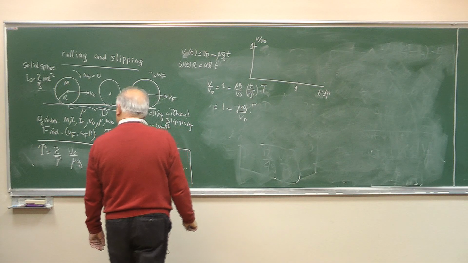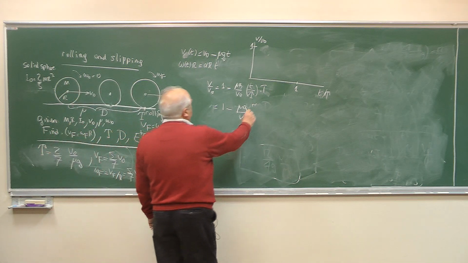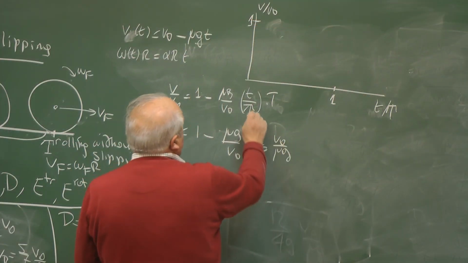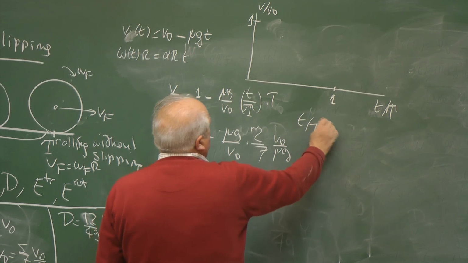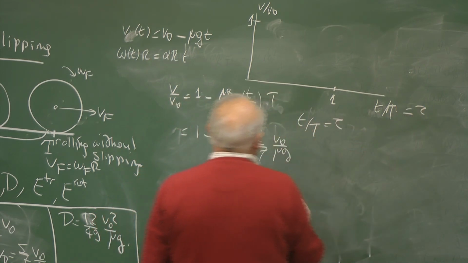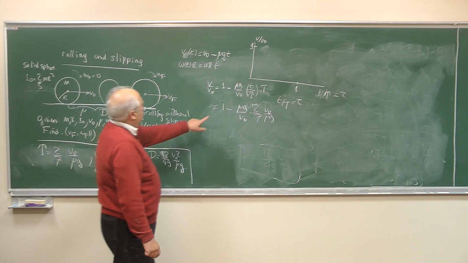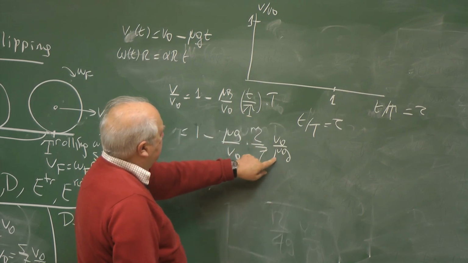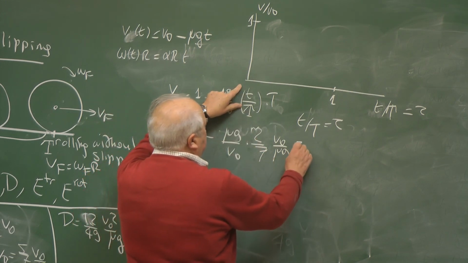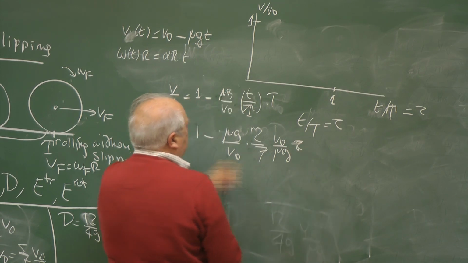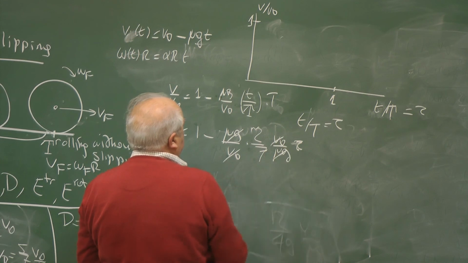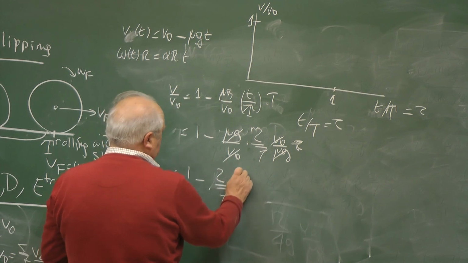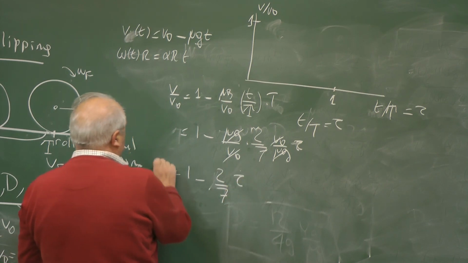T is 2 over 7 V0 over mu G. Let's call T over T tau. This is the scaled time. So these things cancel. So it is 1 minus 2 over 7 tau. This is V over V0.